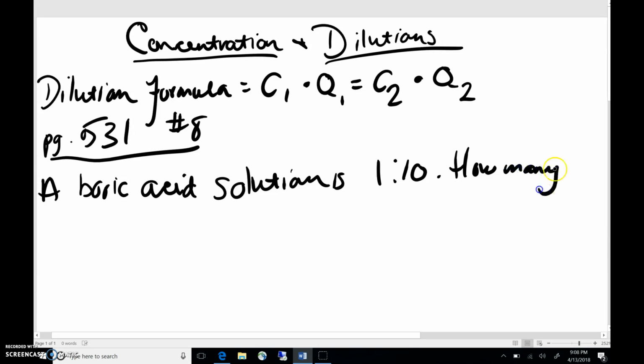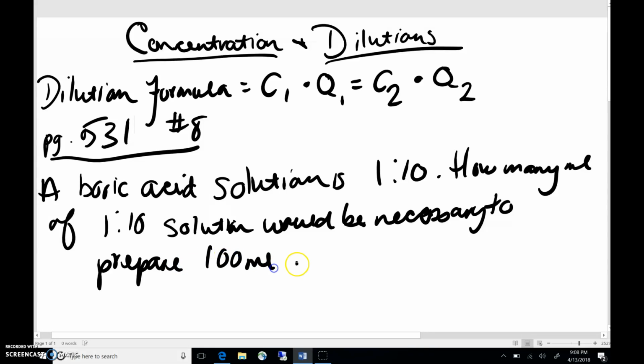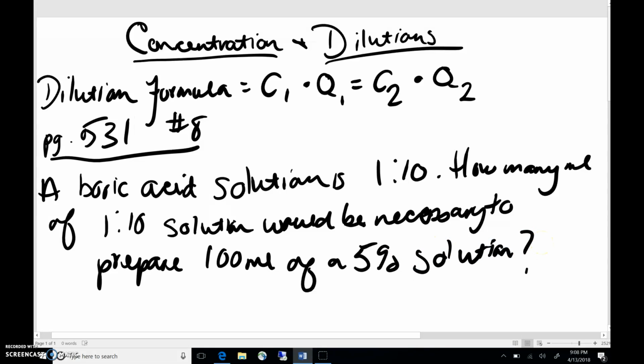How many milliliters of 1 to 10 boric acid solution would be necessary to prepare 100 milliliters of a 5% solution? Okay?